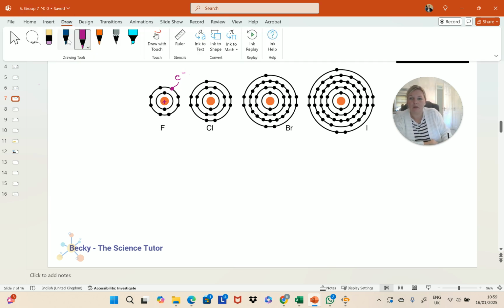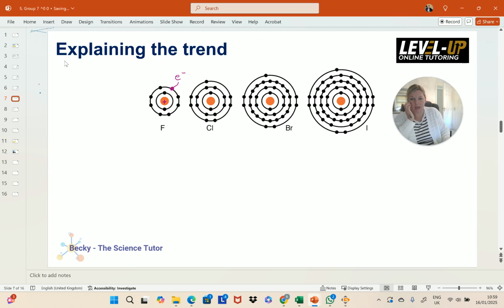So let's build our answer. Why does the reactivity decrease down group 7? We're going to say that the outer shell is further from the nucleus.